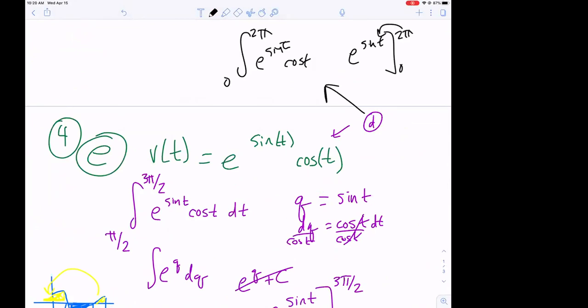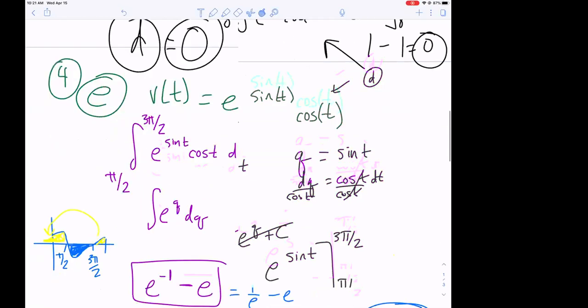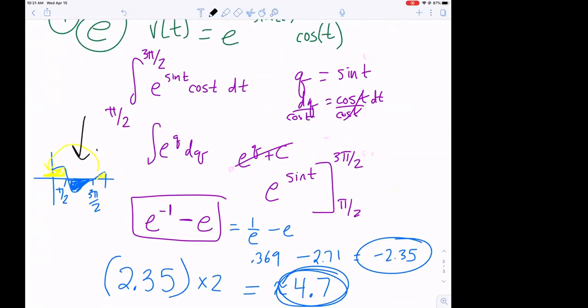Well, sine of 2 pi is 0, but e to the 0 is 1, and sine of 0 is 0, and e to the 0 is 1, and 1 minus 1 is 0. So that lets us know that part D is actually 0, which does indeed let us know that these two things we said were symmetrical down here were symmetrical, and we can do what we did for part E.